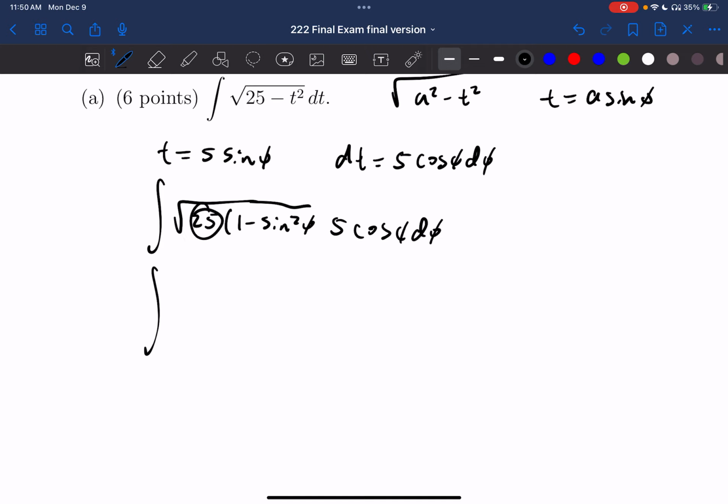The square root of 25 is 5, times this 5 will be 25 out in front. By the Pythagorean identity, sine squared plus cosine squared equals 1, so 1 minus sine squared is equal to cosine squared. Since this is under the square root, the square root of cosine squared is just cosine. Cosine times another cosine gives you cosine squared theta d theta.